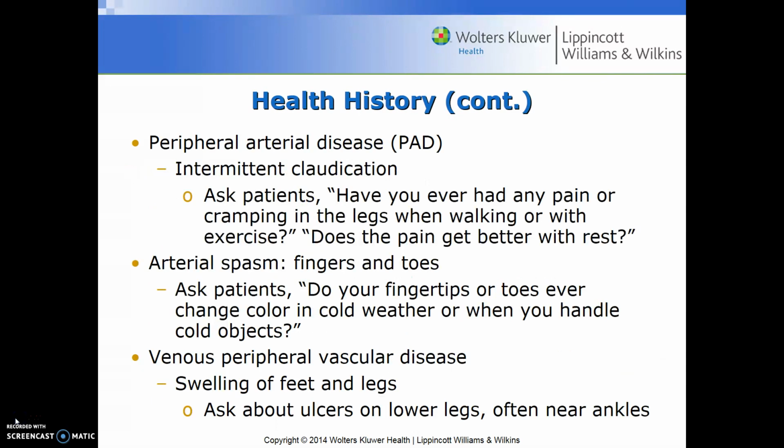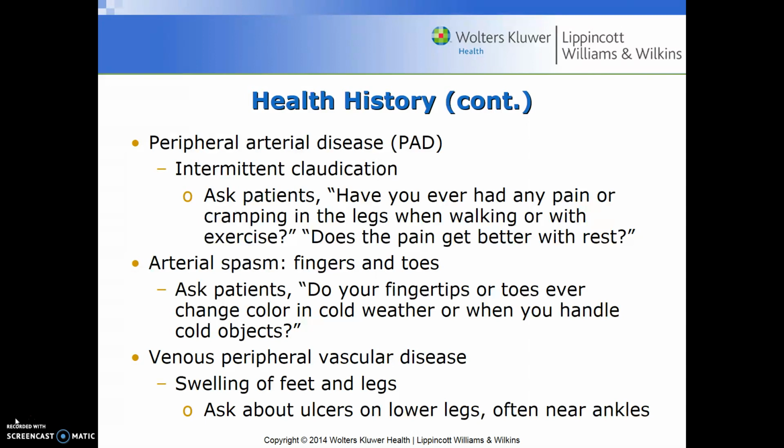Some particular questions we need to ask related to peripheral artery disease are about intermittent claudication, and I think it'd be appropriate to ask them, have you ever had any pain or cramping in your legs when walking or with exercise? Does the pain get better with rest? Also ask about arterial spasm in the fingers and toes.